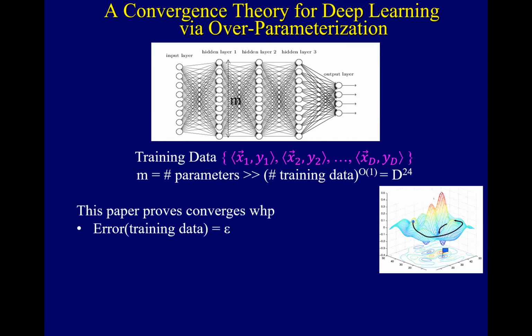So what does this paper say? It proves that if you over-parameterize, then with high probability you'll get the perfect answer on all your training data. I only put epsilon because if they're real numbers, you can only get so close. And it does it in time polynomial in the number of training data, right?